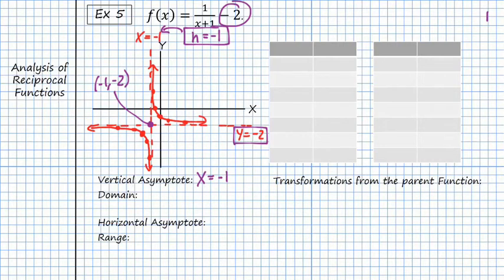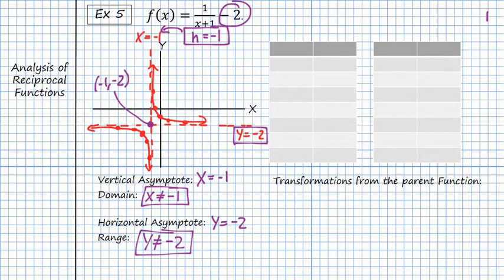And when I'm stating the domain, all I need to say is that x is not equal to -1, because that's the only x value which will not give me any y values. And why is that? Well, we'll see in just a second here. Additionally, my horizontal asymptote is going to be y is equal to -2. So, because I know that my horizontal asymptote is y equals -2, my range will be y is not equal to -2.